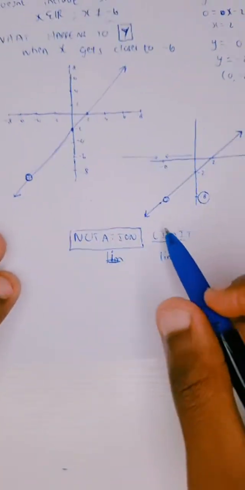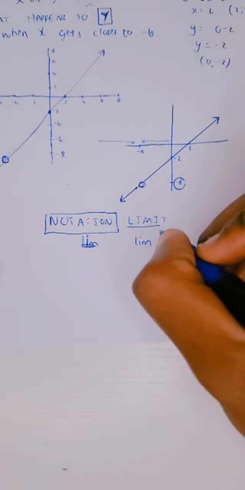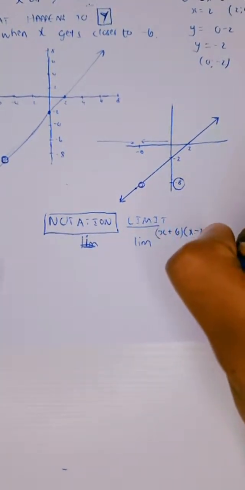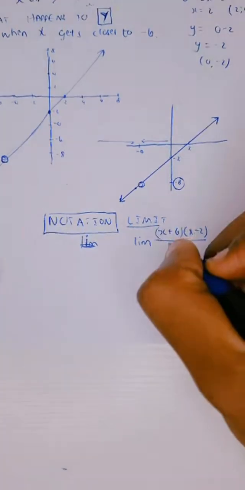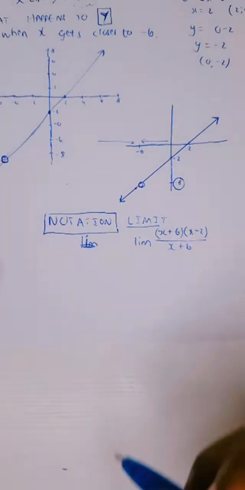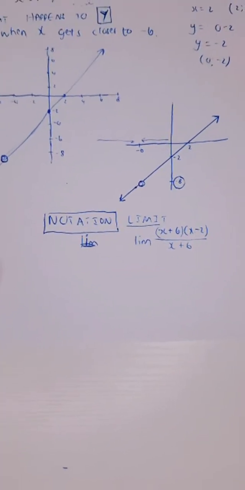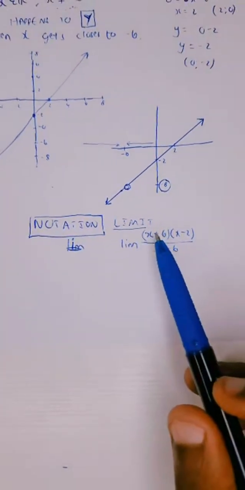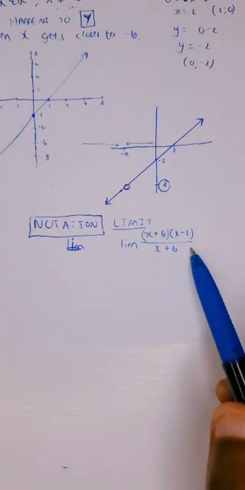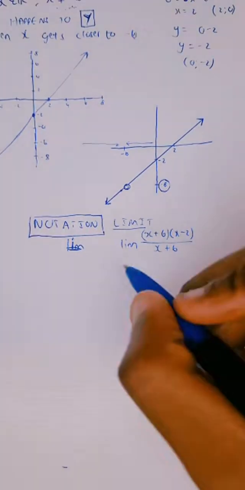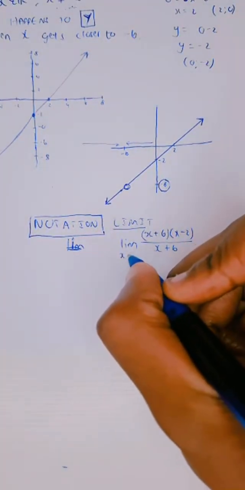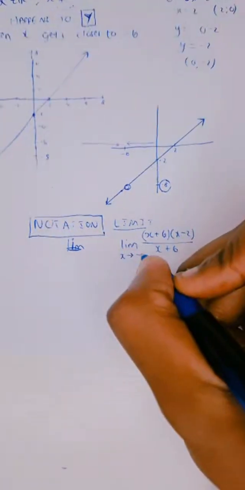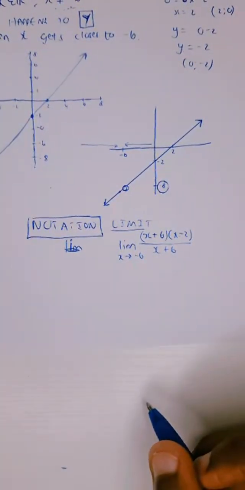It's the limit of x plus 6 into x minus 6 over x plus 6 as x approaches negative 6.